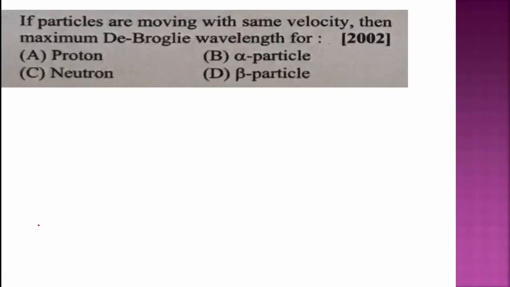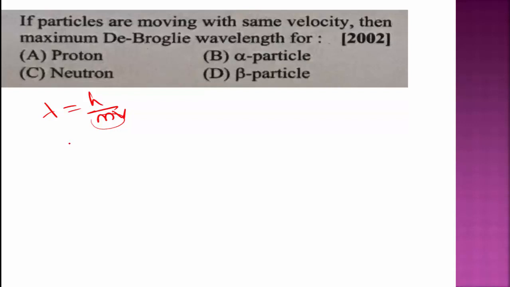And the next problem is, if alpha particles are moving with the same velocity, then maximum de Broglie wavelength for, we know the formula, the de Broglie wavelength lambda is equal to h divided by mv. Here lambda is maximum and m is minimum. The four options are given: proton, alpha particle, neutron and beta particle.